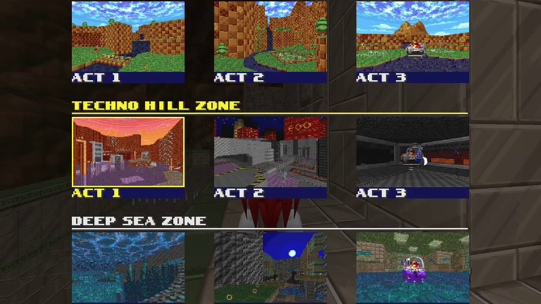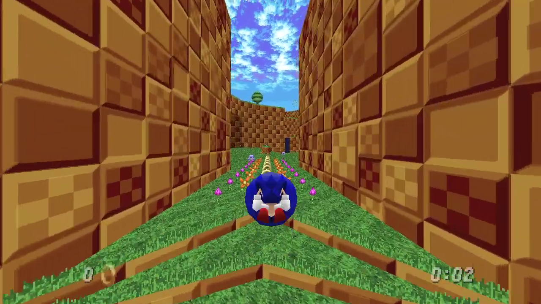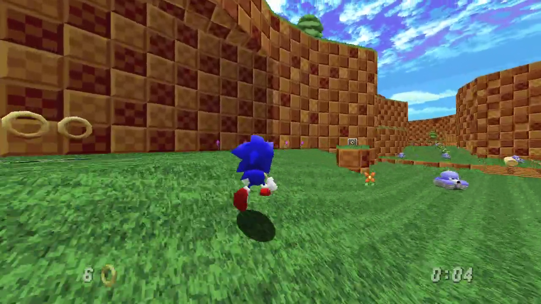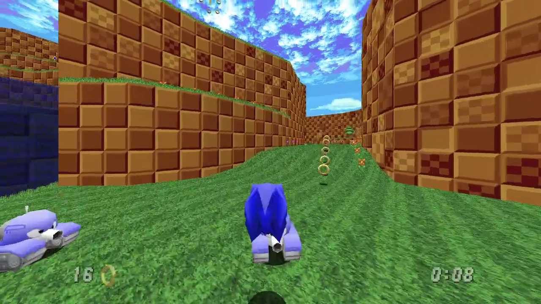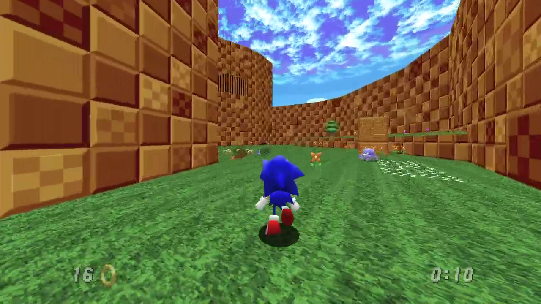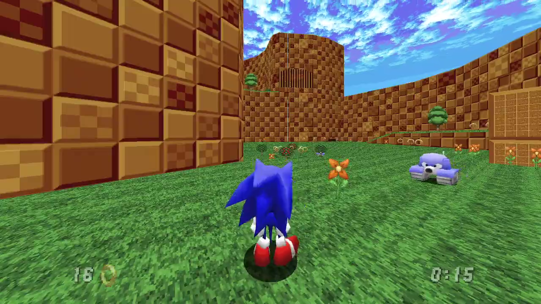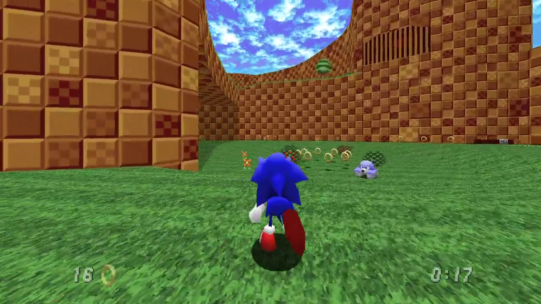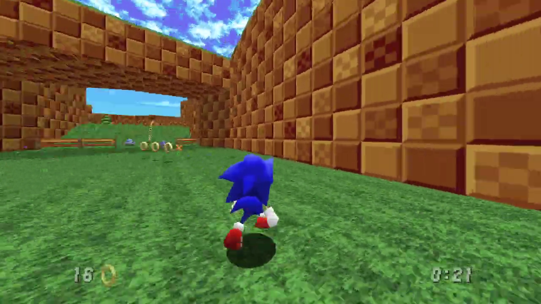And so let's head over to Greenflower Zone 1, because there's kind of this elephant in the room that people kind of know intuitively, but it's worth mentioning. When you're looking at the Greenflower Zone textures, the Greenflower rock, and actually this is GFZ wall, but whatever.